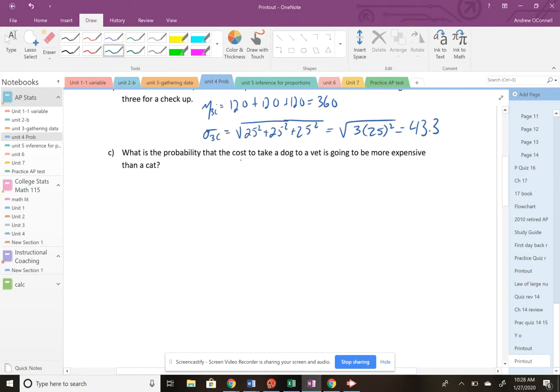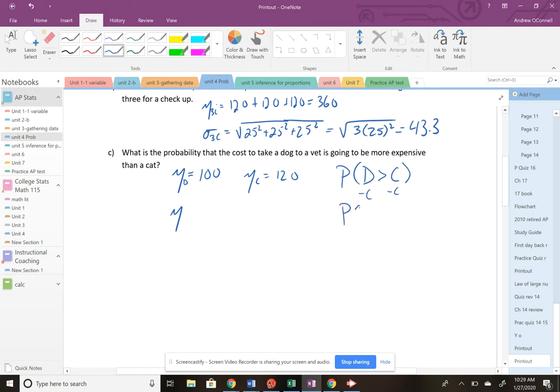What's the probability that the cost to take a dog to the vet is going to be more expensive than a cat? Remember, we expect the dog to be 100 and the cat to be 120. So we're usually going to think that the cat is going to be the more expensive one, high maintenance. But what we're going to do is build it like this. Probability that the dog is more expensive than the cat.